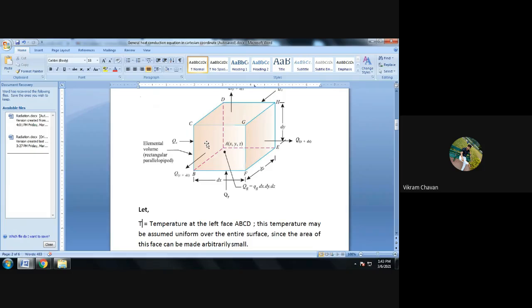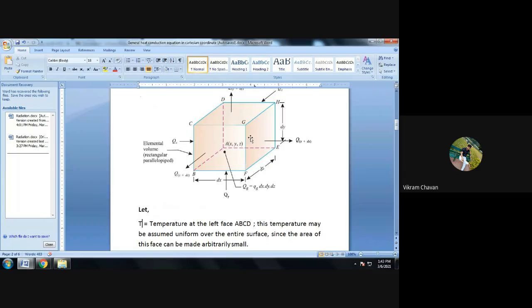Okay, इस फेस का और इस फेस में कितना डिस्टेंस है dx इतना. So to reach the heat to another surface, it should travel the distance of dx.